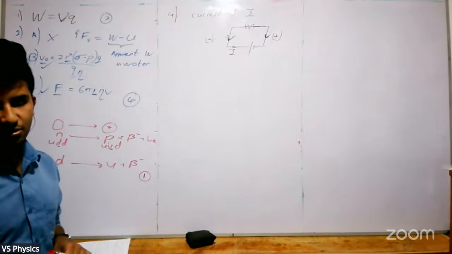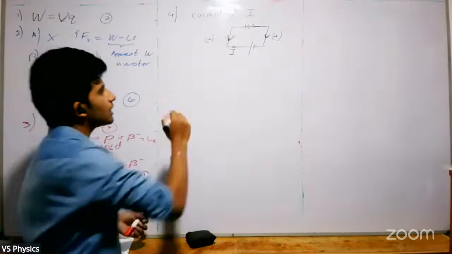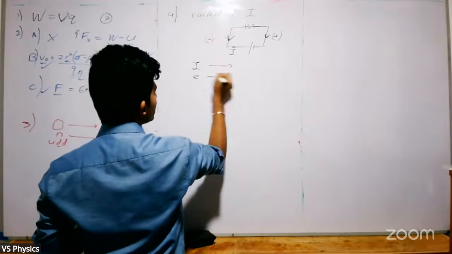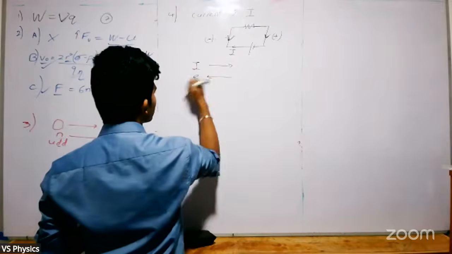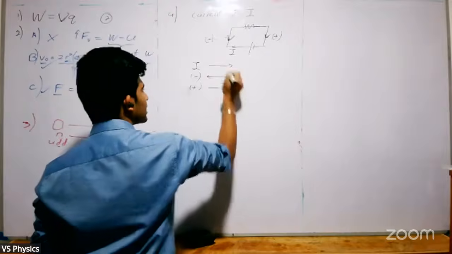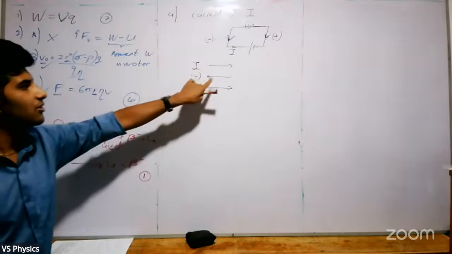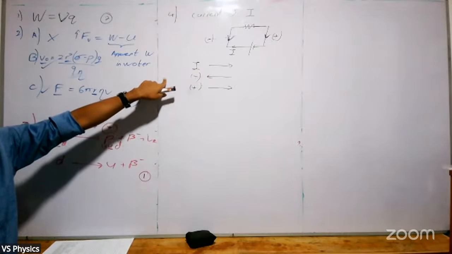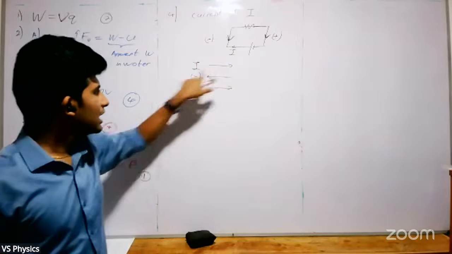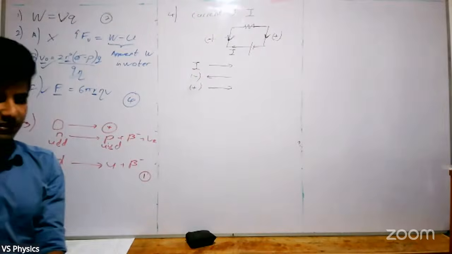So current means the amount of electrons flowing in this direction, and positive charges flowing in the other direction. The sum is what you get as current. This is how we mention the direction.